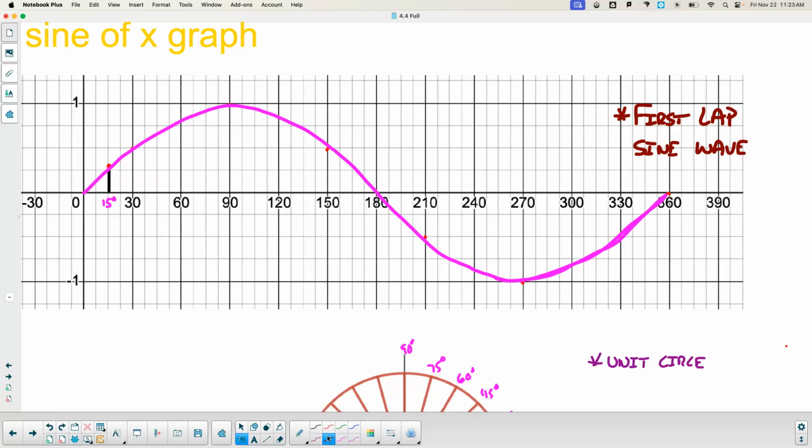Follow the same pattern? Yeah, it would follow the same pattern even as our angles continue to grow in both positive and negative directions. We will typically only ever ask you to graph the first lap. This goes on forever in both directions.